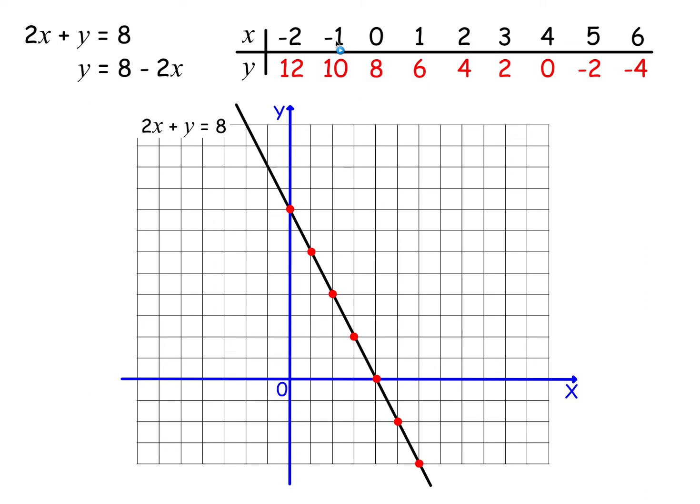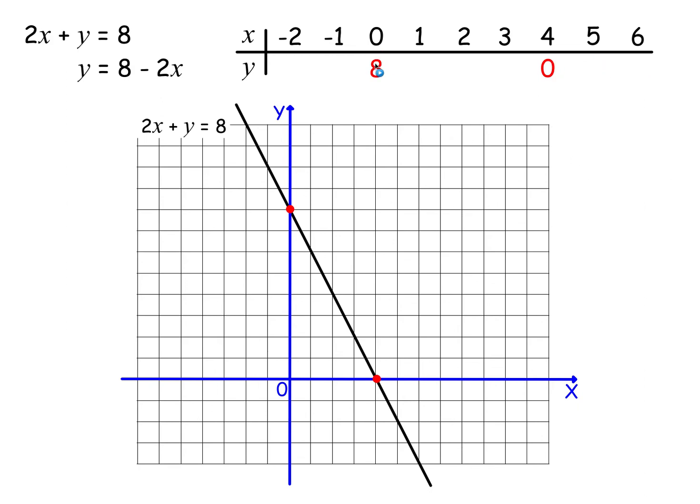Key points, and all that's necessary to draw that line, are where it meets the axes. So 2 positions, and we don't really need the rest.